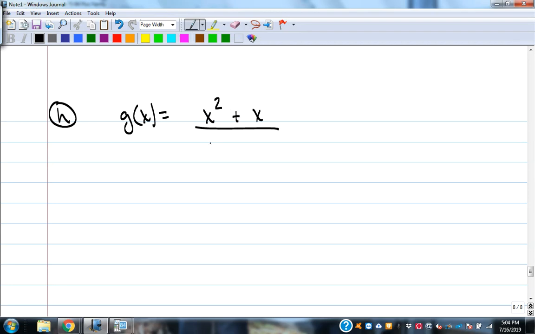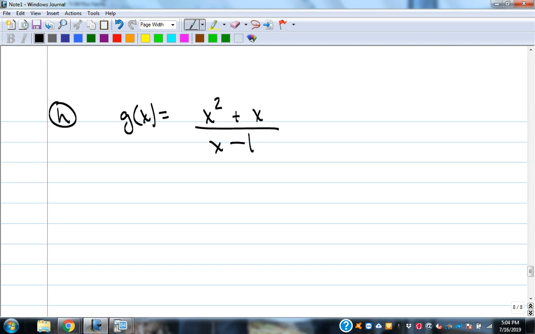X squared plus x over x minus 1. Something simple. We'll make it simpler there. This is the first one like this. I don't want to get too deep right yet with the first one like this.